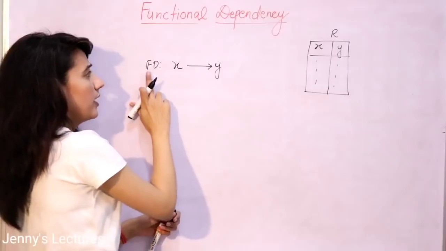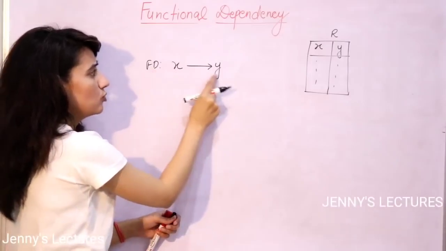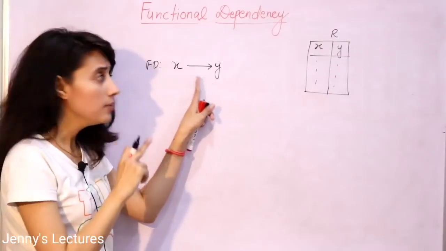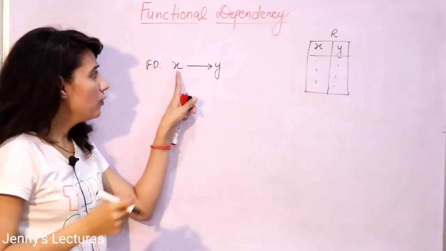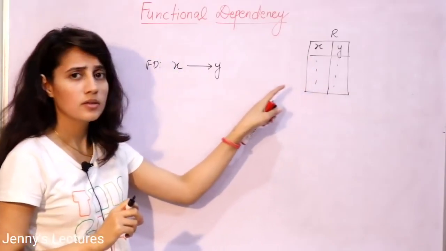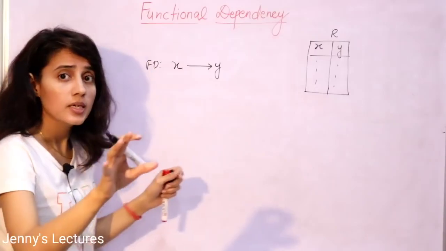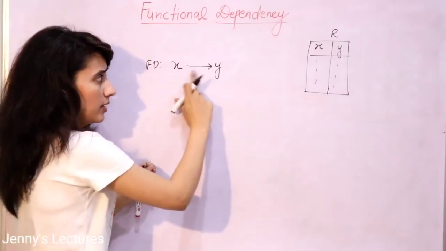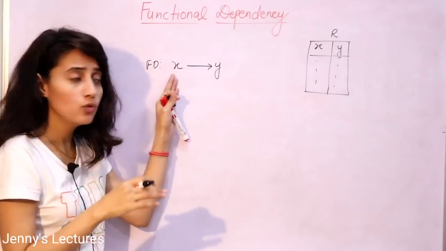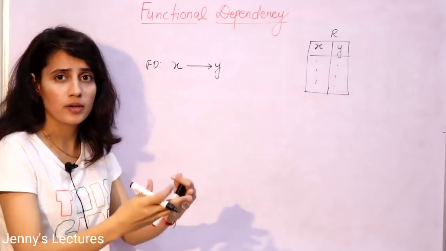Now, if I write the functional dependency x to y, it means x determines y. It means if I tell you the value of x, then from this table you can search the value of y. See, here x determines y doesn't mean that I give you the value of x and you will compute the value of y.